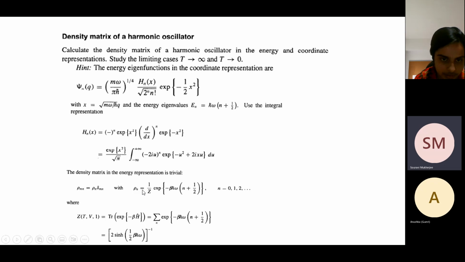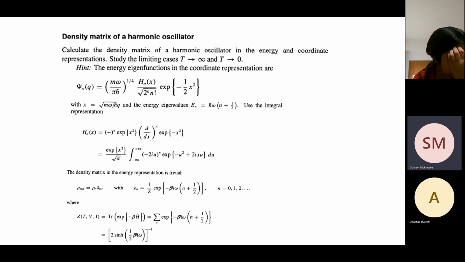All the diagonal elements will be given by this term here. You will have a matrix where all the diagonal elements will be present and all other terms will be 0. For each diagonal element, this is how your values will change, and this is the expression for Z. So that is your density matrix representation with respect to the energy eigenvalues.